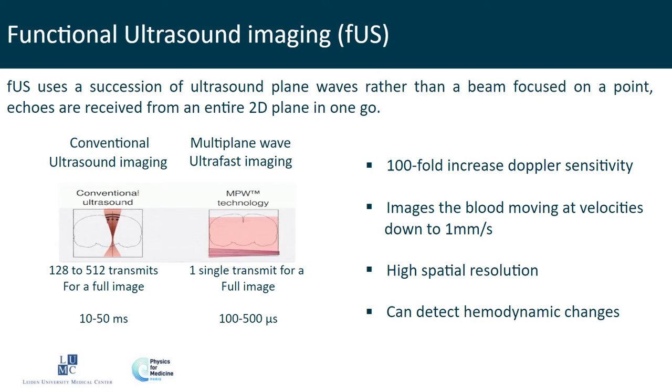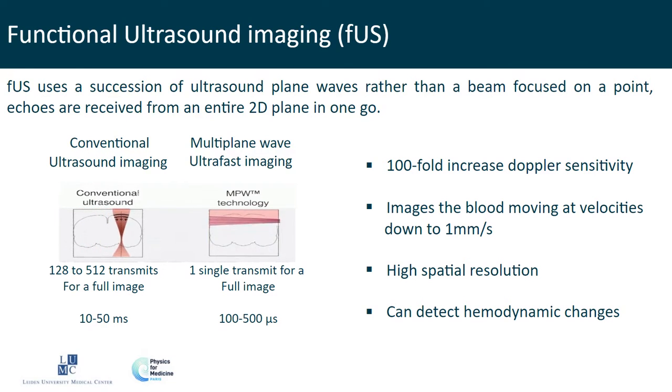We next used functional ultrasound imaging to evaluate whether we could detect microvascular dysfunction in HHT mice. So really at the microvascular level, the capillary level. Compared to conventional ultrasound that uses a focused beam over each line of an image, limiting the frame rate, ultrafast ultrasound imaging uses an unfocused wave that is emitted to the tissue, and echoes from individual scatterers are received by multiple channels in one go.